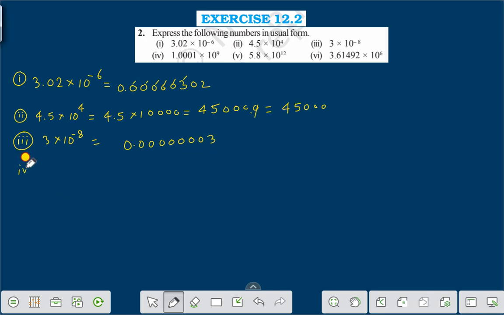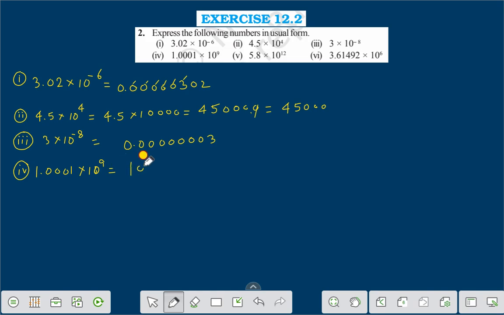Question number 4 here you see is 1.0001 into 10 to the power 9. That can be written as 1.